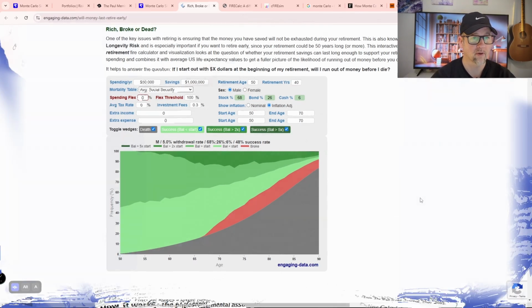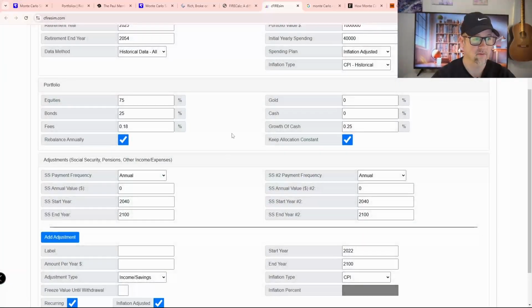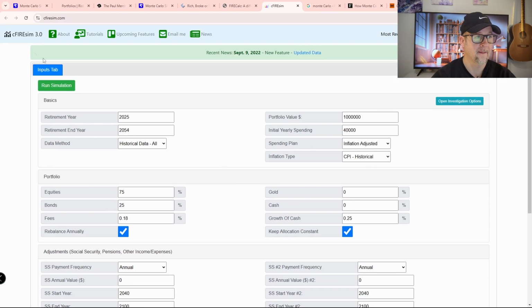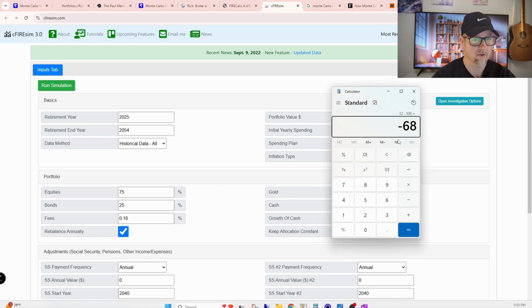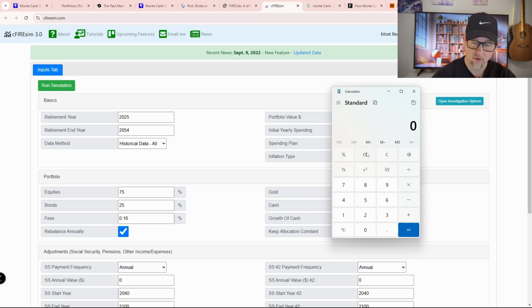cFIREsim. Okay, so cFIREsim 3.0. If we go to this website, we can put in our retirement year. So let's say we retired in 2025, and we will live an additional 45 years. I think that's what it is. So 2054 minus 2025, yeah, it's 29 years.